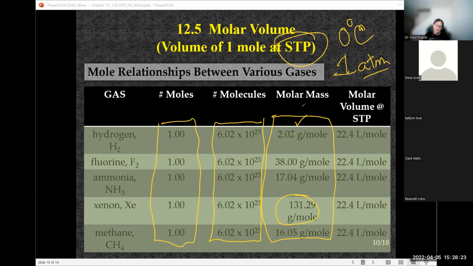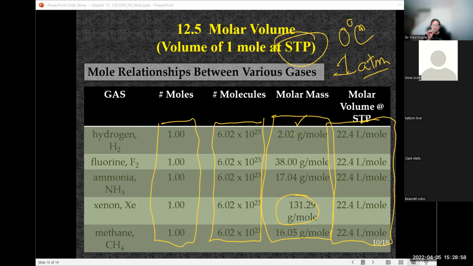Now, what happens under these conditions at 0 degrees Celsius and 1 atmosphere, there is a relationship between the volume of the gas and the moles of gas. And that relationship is what we call the molar volume at STP, which is 22.4 liters per mole, okay? Think about this for a second.